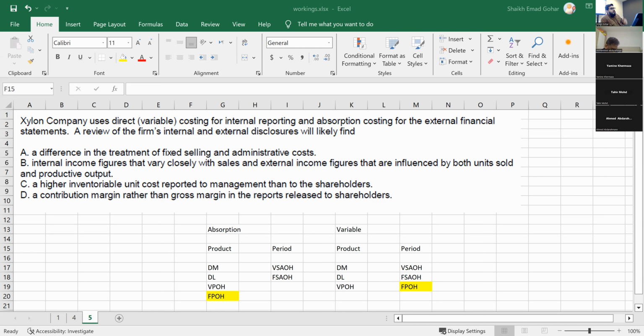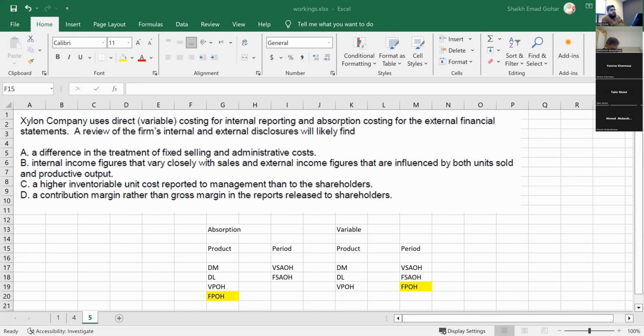Because if I increase the inventory level, it means I am trying to transfer fixed overhead to next year, because that is part of the inventory. The more you produce, the more in the closing stock, the more fixed overhead you can transfer to the next year. So this year's profit will increase automatically.